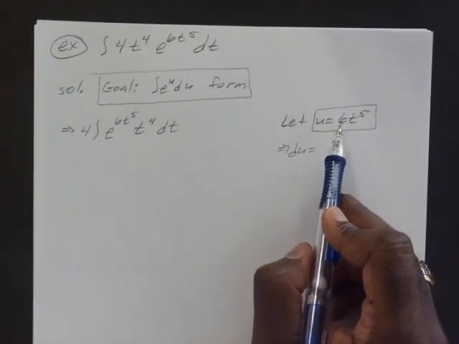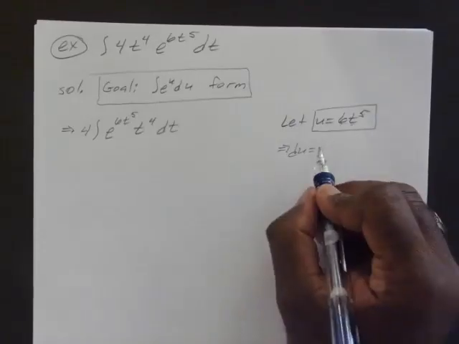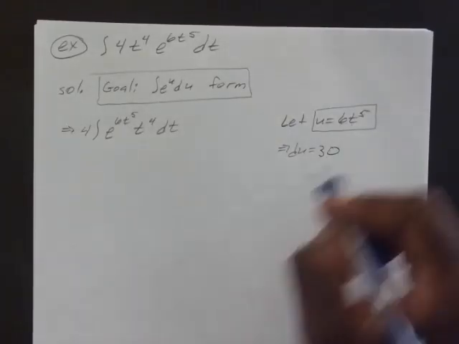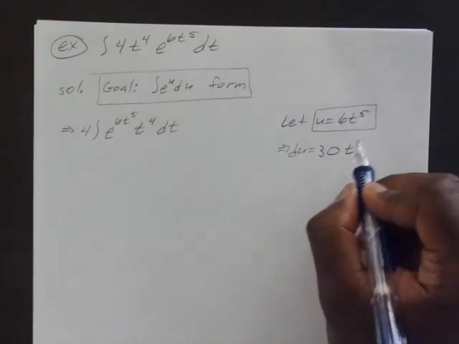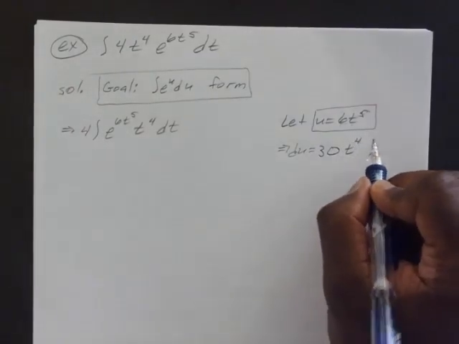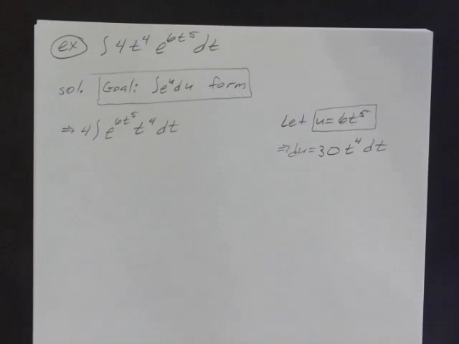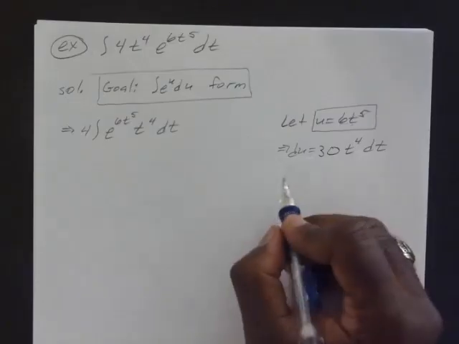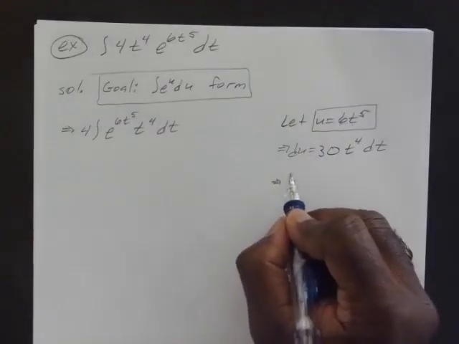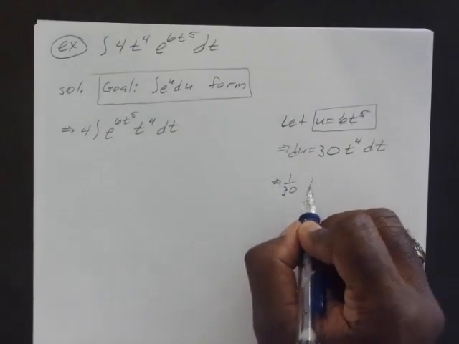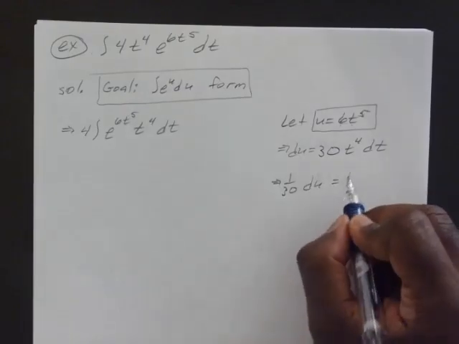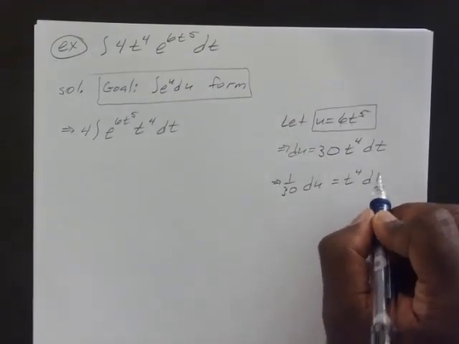So if we bring down the 5, that 6 times 5 will give us 30, times t to the power of 5 minus 1, which is 4, with respect to t. So if we divide both sides by 30, we end up with 1 over 30 du is equal to t to the 4th power dt.